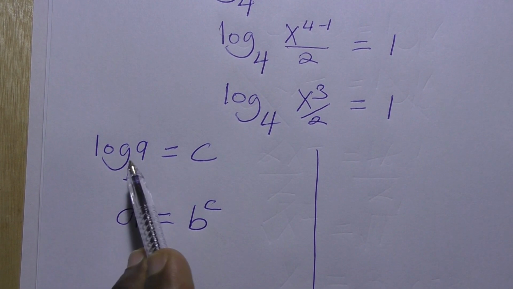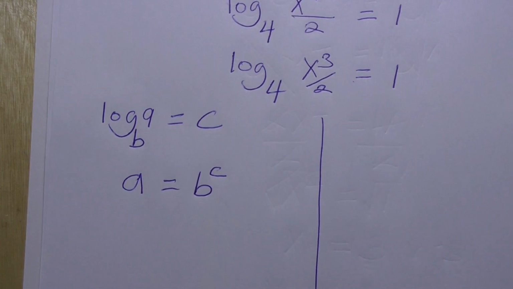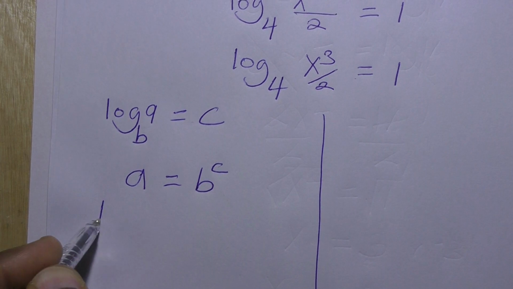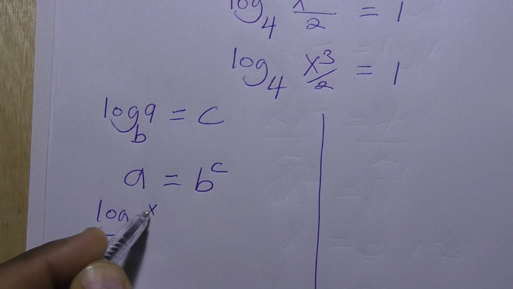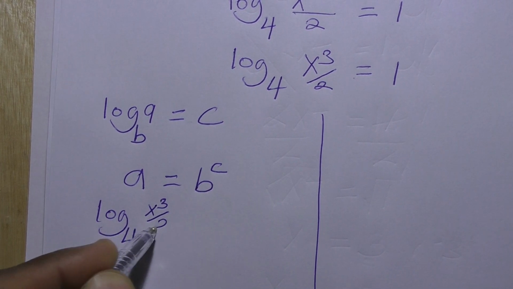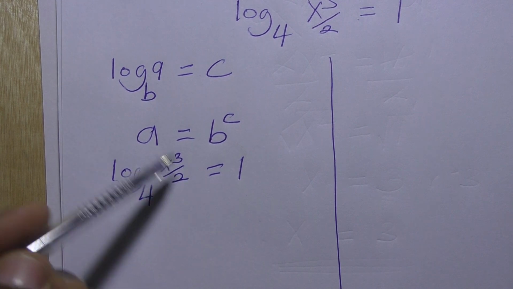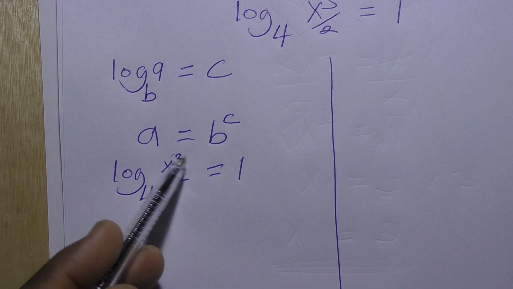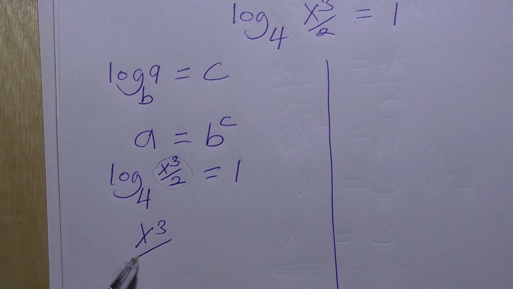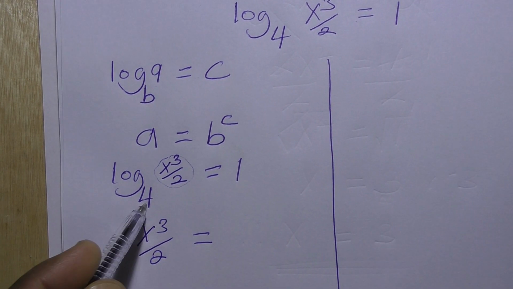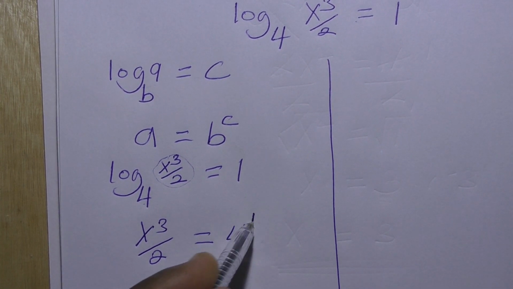So this one is in this form, whereby for log base 4 of x cubed over 2 equaling 1, if you compare this with that, then this is our a, so that is x cubed over 2 equals the base, which is 4 power 1.